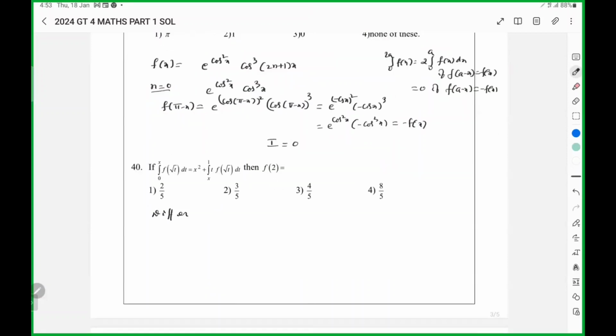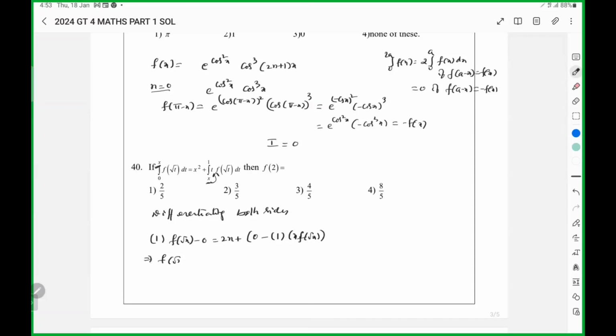Differentiating both sides. So derivative of upper limit f of root x minus 0, differentiating lower limit and then substituting in place of t.